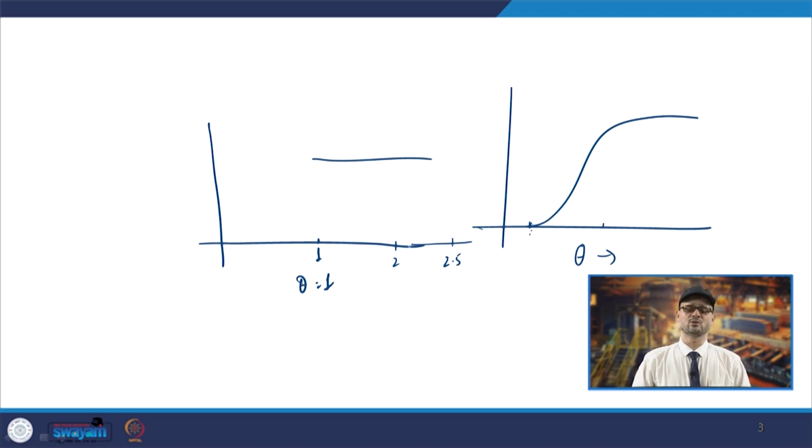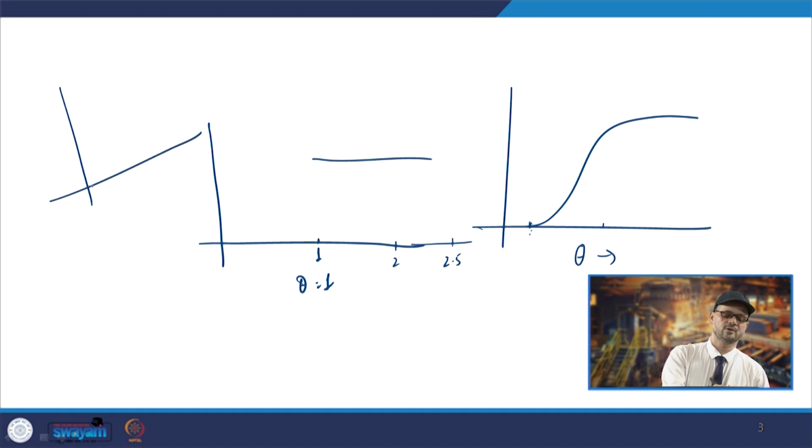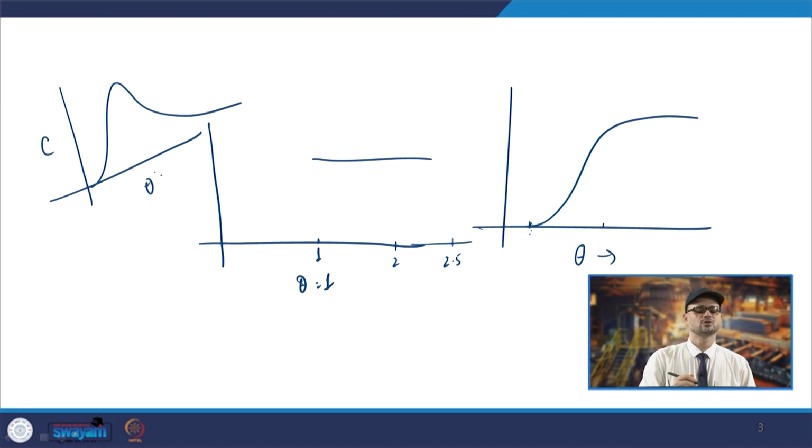Now, if you talk about the normal RTD curves inside the TUNDIS or in any system, the C curves where you have C and this is your theta, what you see is that this is going, and you may go to a very large time.